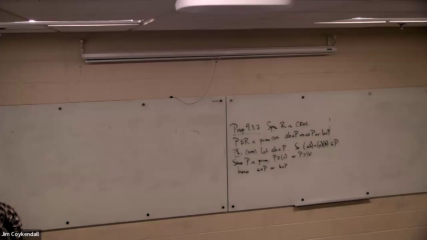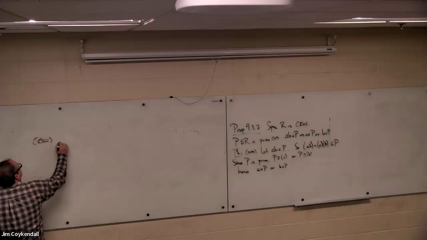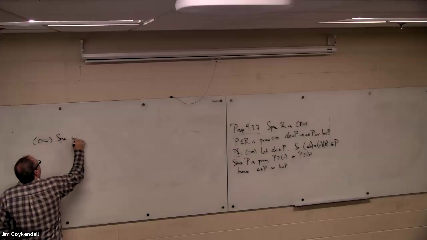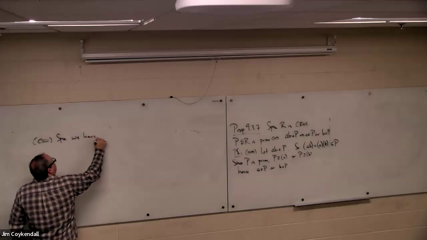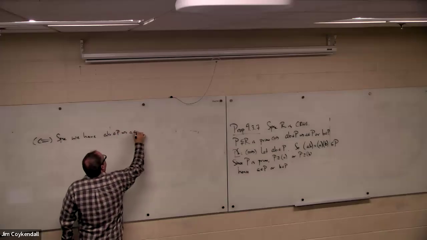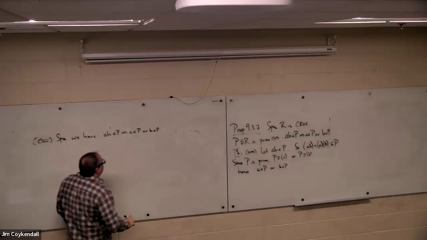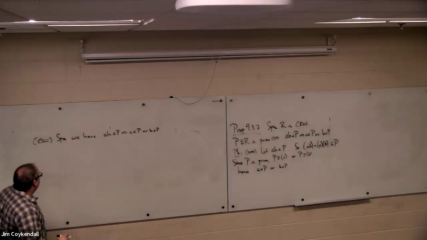Now suppose we have ideals A and B with AB contained in P. Okay, so we have to show that it's prime.